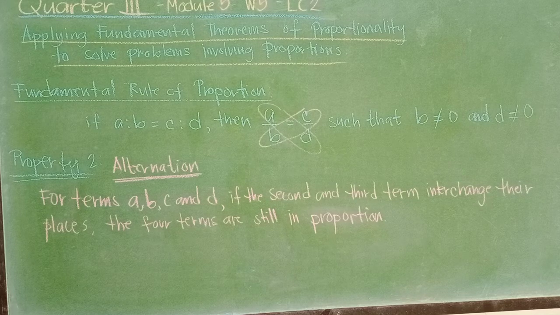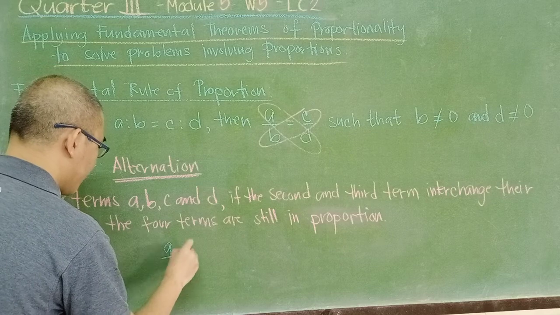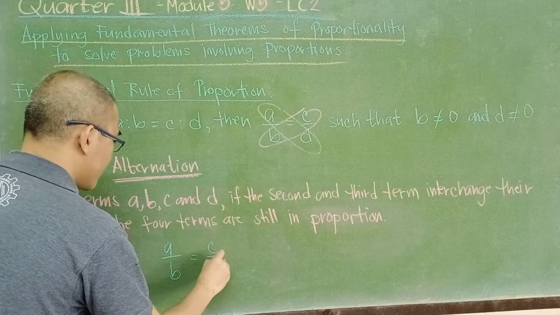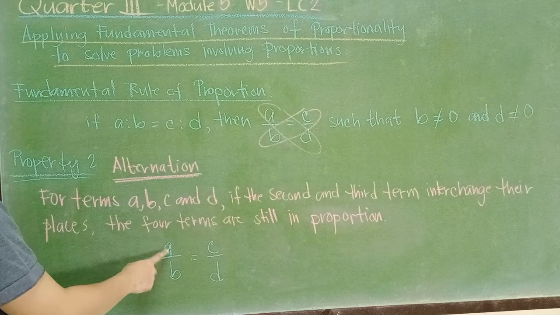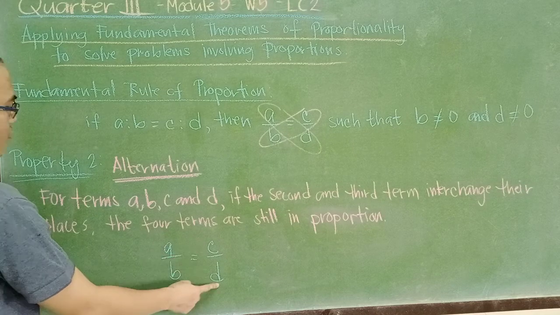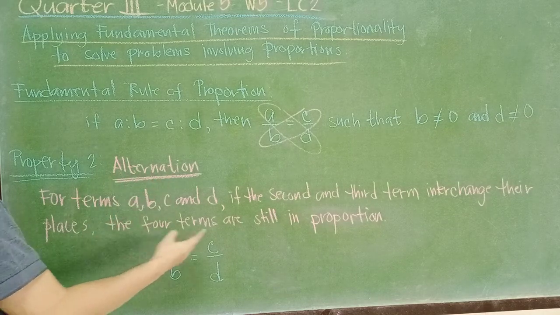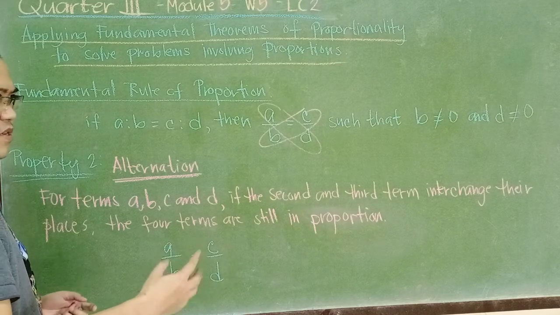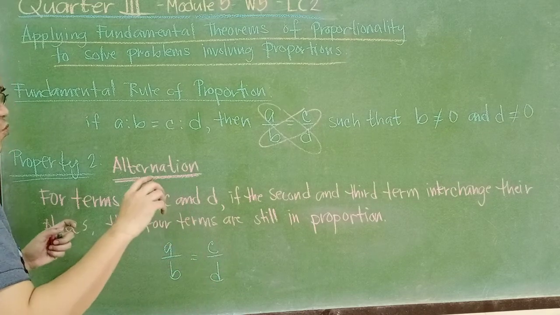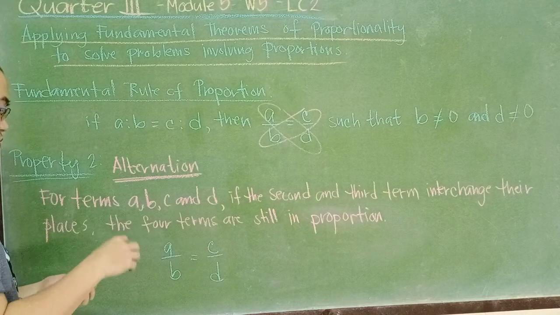So, for instance, we have A over B as C over D. Ito yung first term natin, ito yung second term, ito yung third term, ito yung fourth term. So ang sabi niya sa property number 2, which is alternation, if we will interchange yung position ng C and B, yung proportion natin would still be proportional.